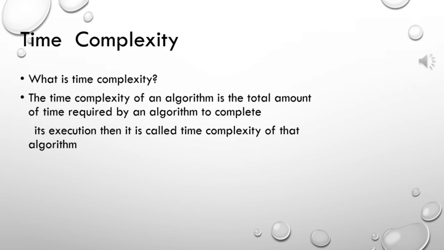Time complexity. Time complexity of an algorithm is the total amount of time required by an algorithm to complete its execution. That is called time complexity of that algorithm.